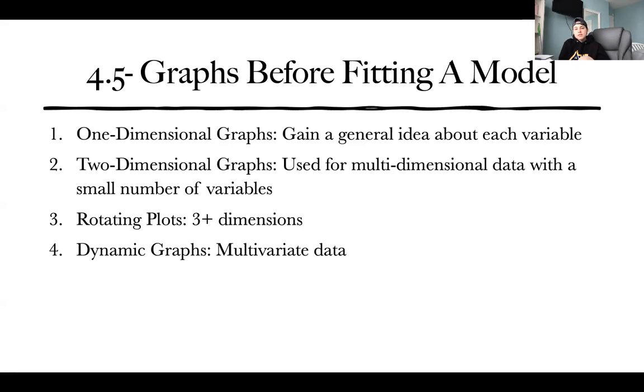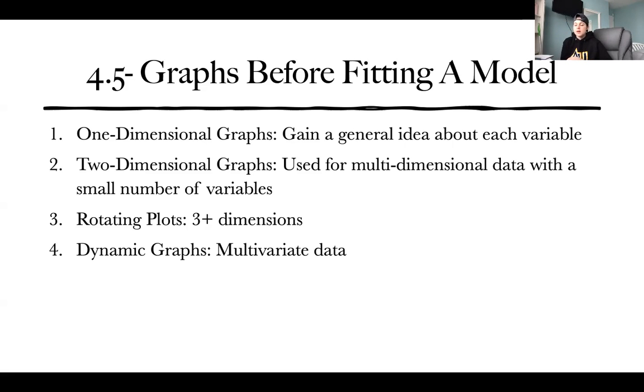Some examples of one-dimensional graphs are histograms, stem and leaf plots, dot plots, and box plots. These are used to indicate the distribution of a particular variable and whether the variable is symmetric or skewed. If we do have a skewed variable, we should transform the data to eliminate the skewness. Also, we can indicate outliers in the variables.